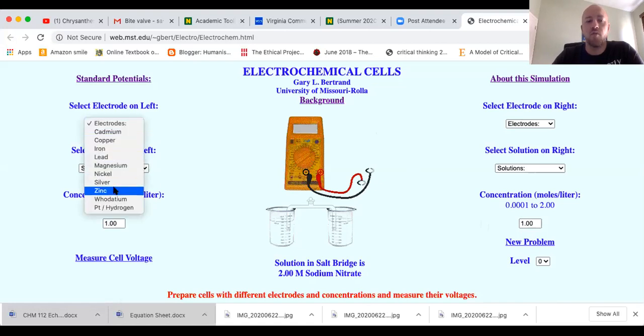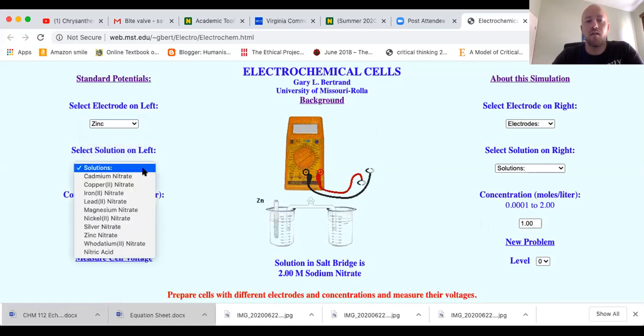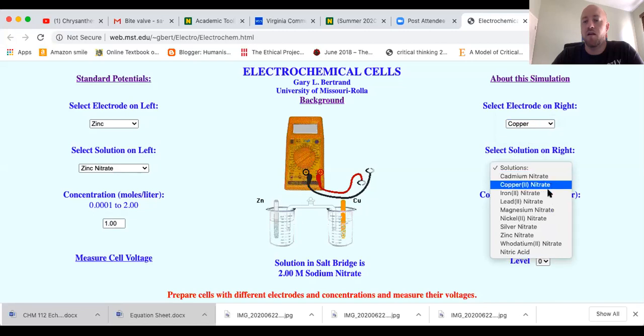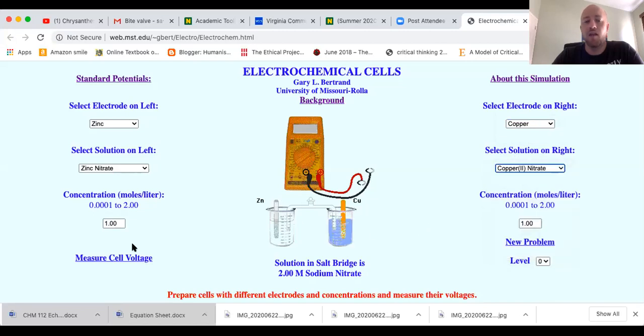All right, so here I want to put my zinc on this side with the zinc nitrate, and I want to pick my copper and my copper nitrate, and then measure the cell potential. And this is the data you're collecting. There really isn't much more to it than this.